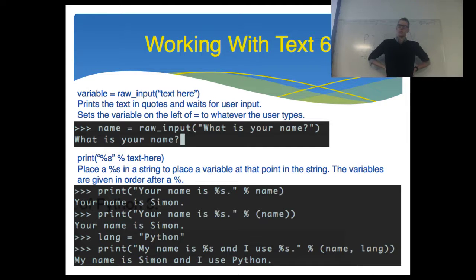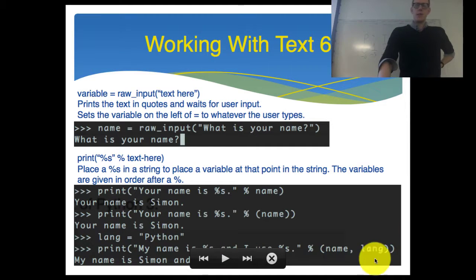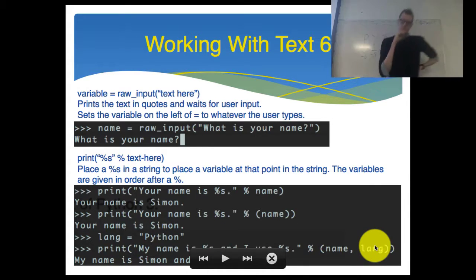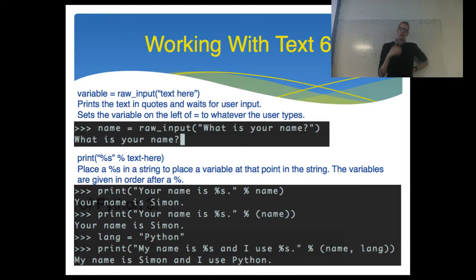Well, we want to substitute in the name variable and then the lang variable. The order that you give these variables in is the order that they will be substituted in to the %s's. So it's going to do my name is some string and I use some string, and it's going to substitute in name into the first position and lang into the second position. So you will get my name is Simon and I use Python.